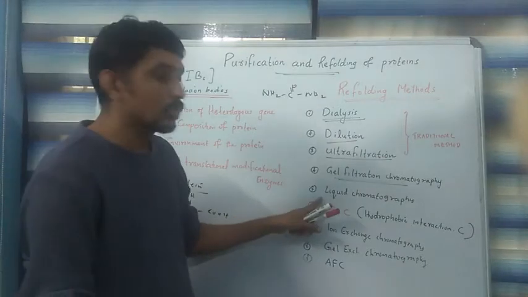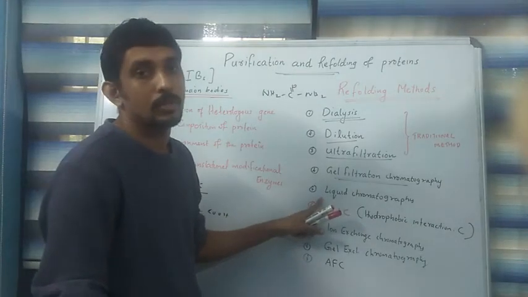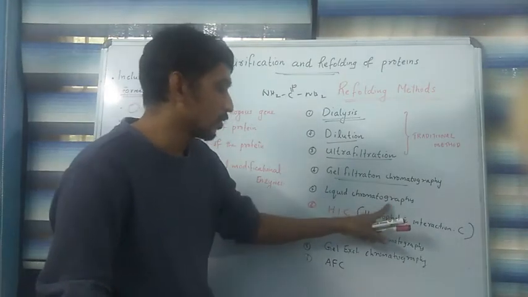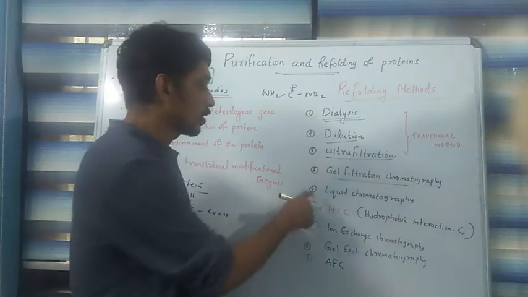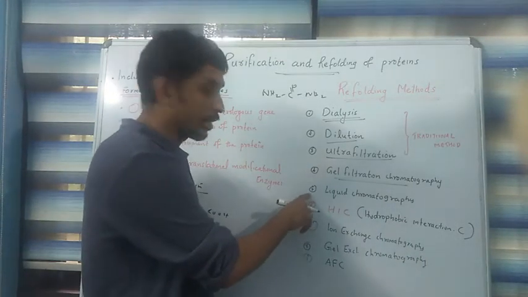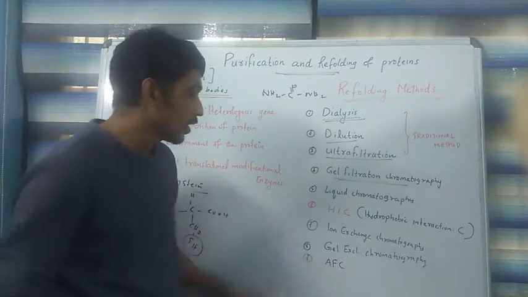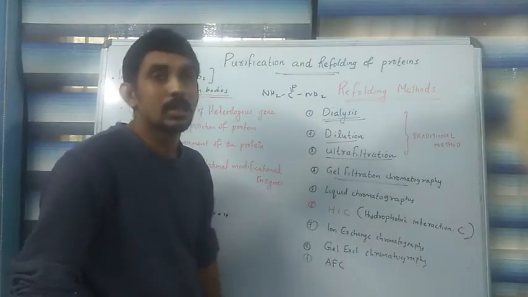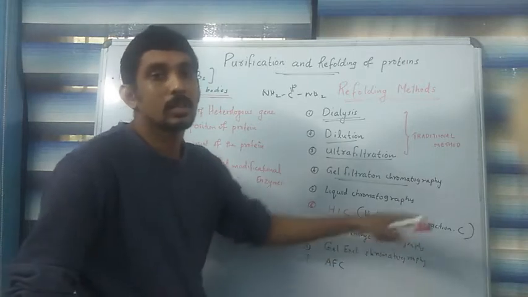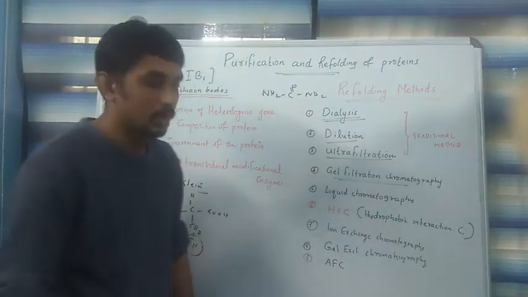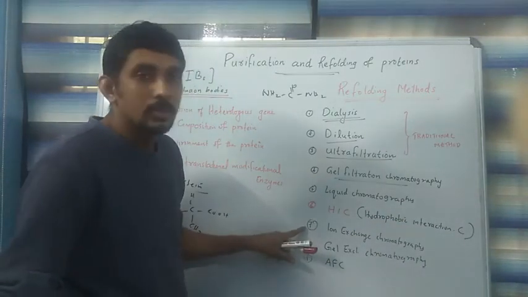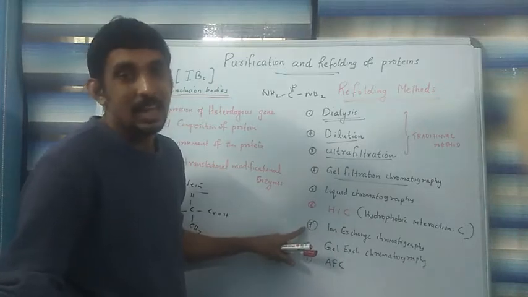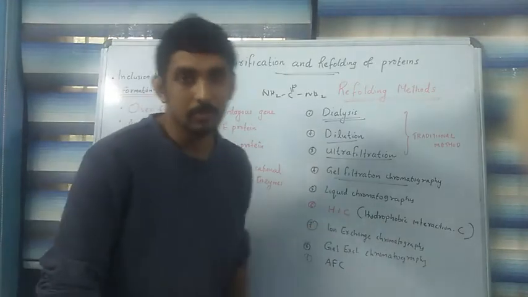Like that, we can also use another type of chromatography, called liquid chromatography. These are the second type of chromatographic technique. When we move to the third, you can see HIC, hydrophobic interaction chromatography. The seventh one is IEC, ion exchange chromatography.